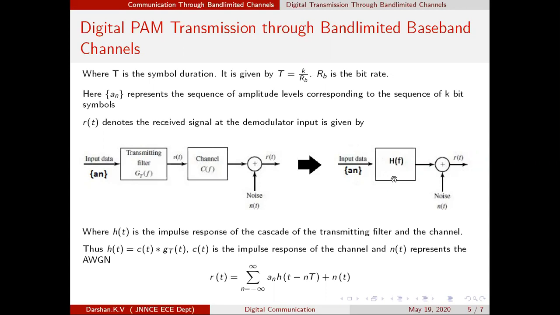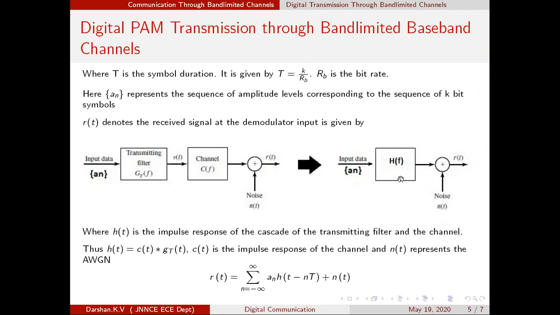Or in other words, you have a block with impulse response g_T of t, and another block with impulse response c of t. So what is the combined impulse response of the two blocks? That is given by the convolution, c of t convolved with g_T of t.